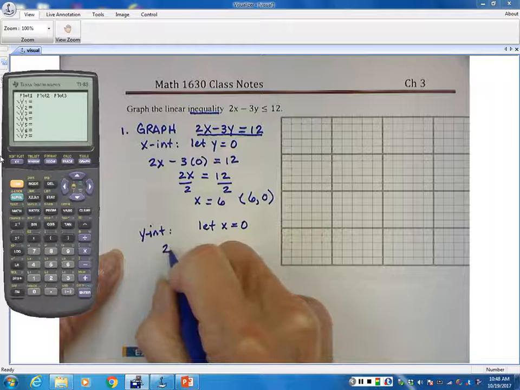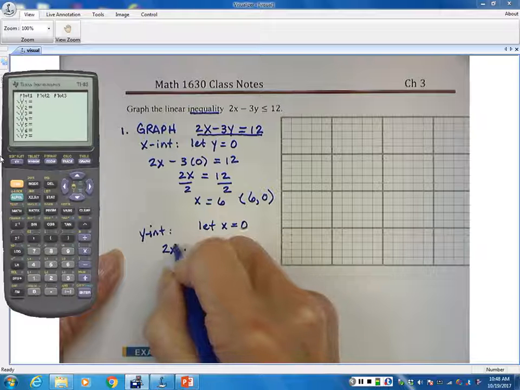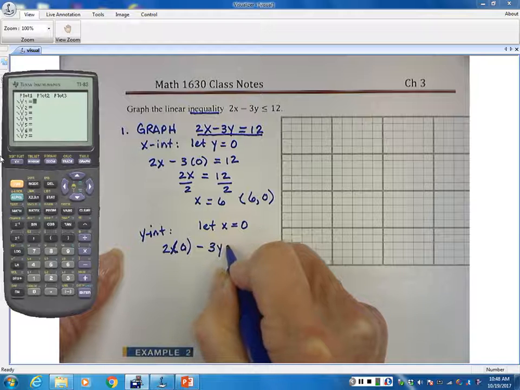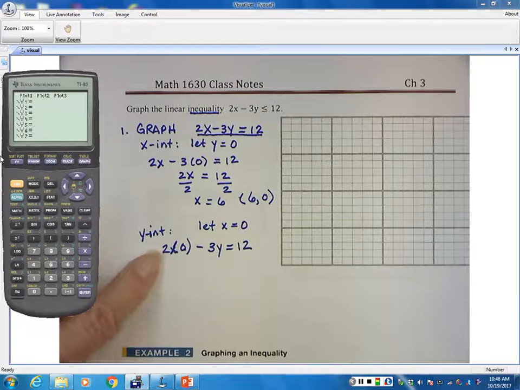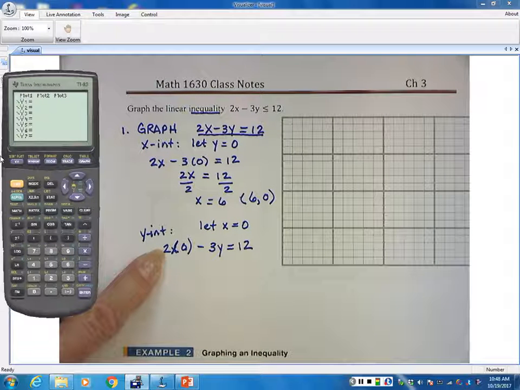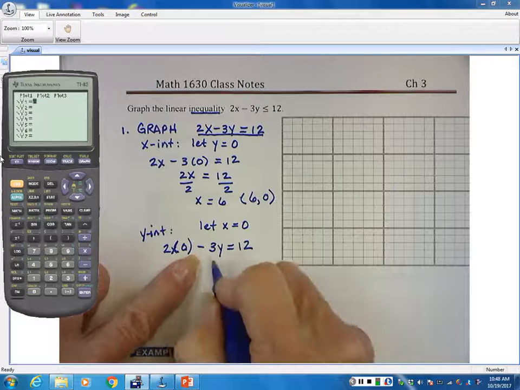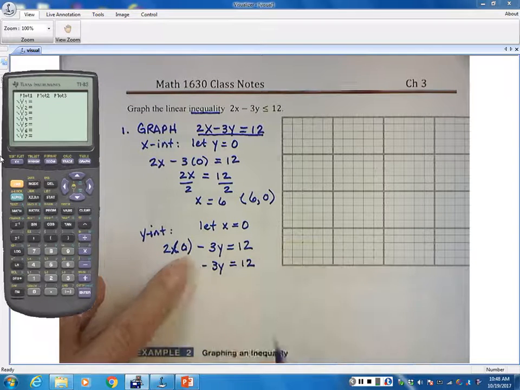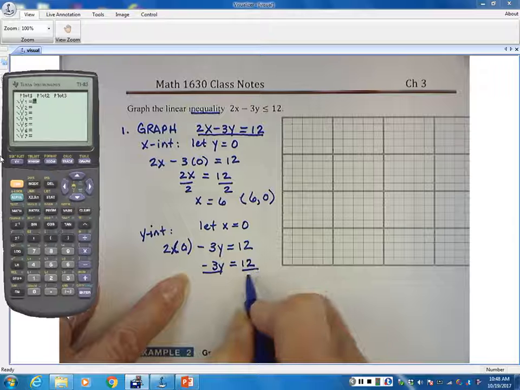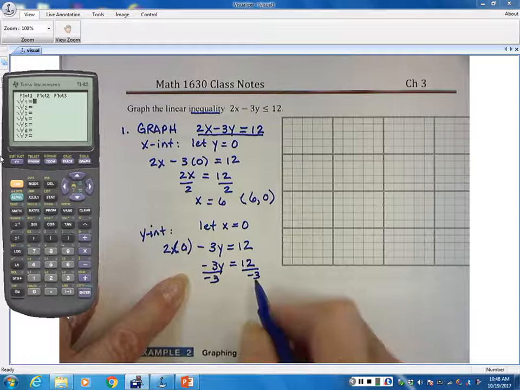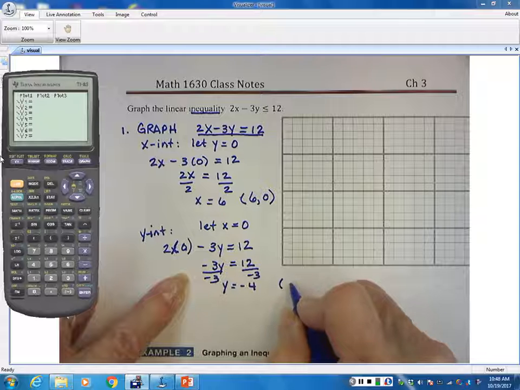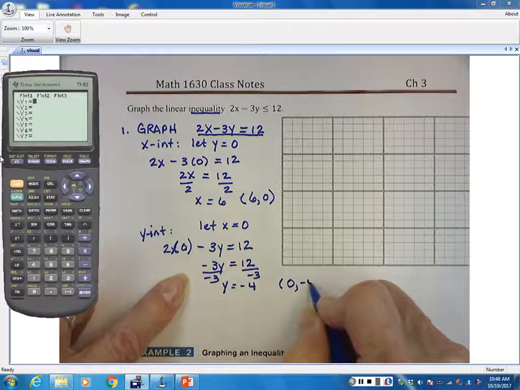So I have 2x, only x is equal to 0, minus 3y equals 12. And 2 times 0 is 0, and 0 minus 3y is still negative 3y equals 12. Divide both sides by negative 3. And y is equal to negative 4. So that gives me the point (0, -4).